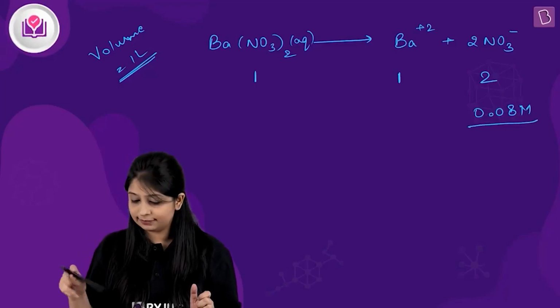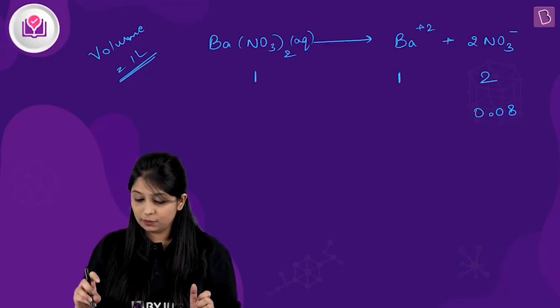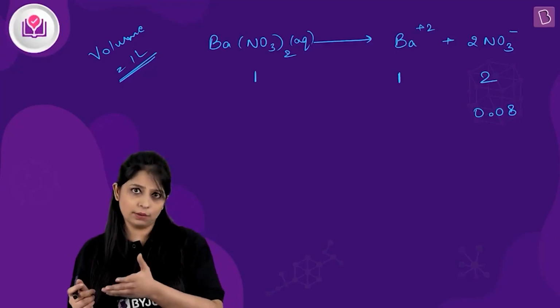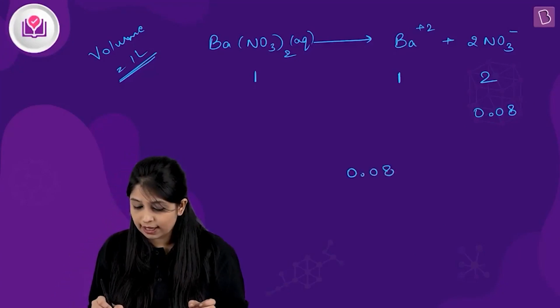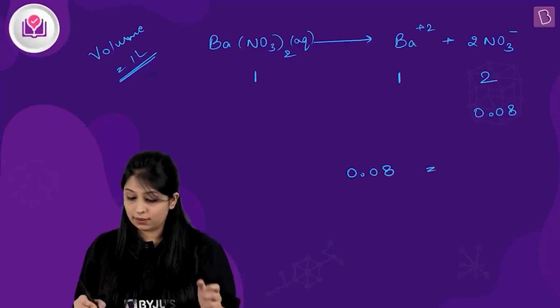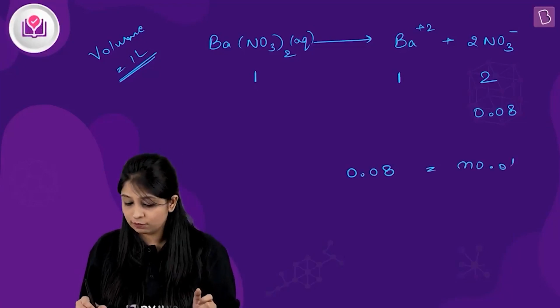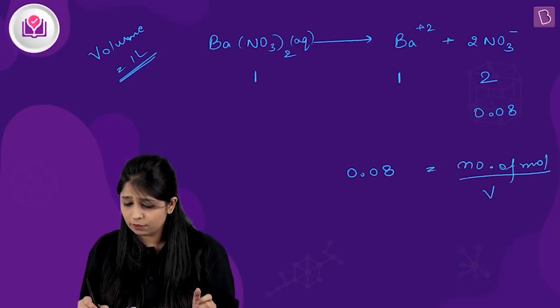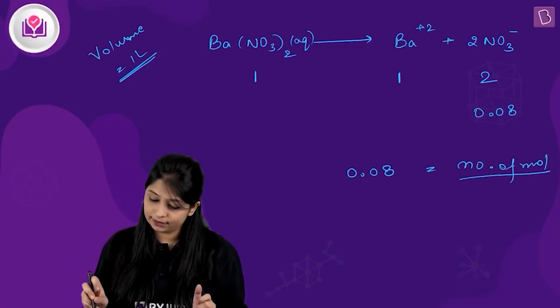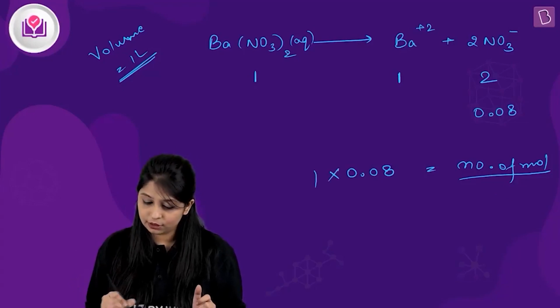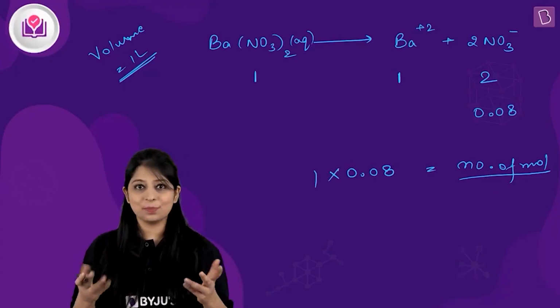That would mean 0.08 moles. How? It's very easy actually. Molarity is 0.08, which is equal to the number of moles divided by volume in liters. And if you take volume as 1 liter, what do we get? The number of moles as 0.08.